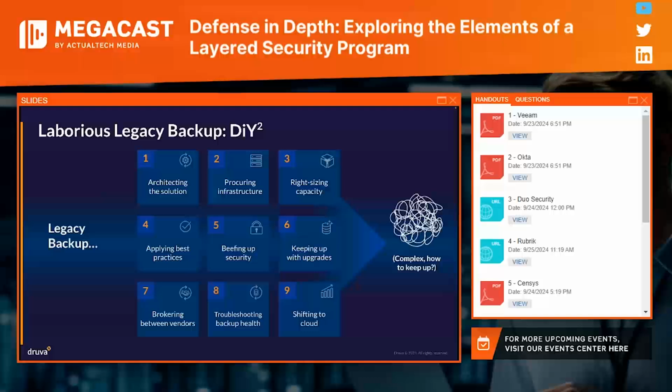They had to architect an appropriate solution and procure the infrastructure, but also project consumption 5 years out so they can right-size capacity, which invariably led to higher upfront costs and much lower early utilization.